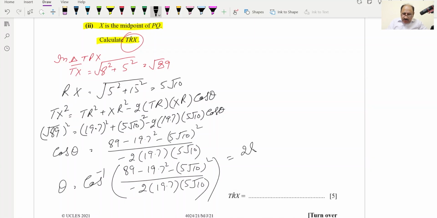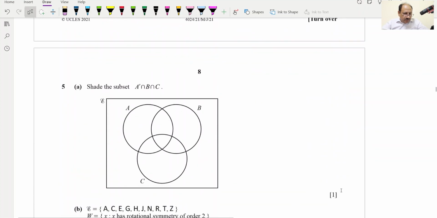We can write the answer as 28.2, rounded to 3 significant figures. This was a 5-mark question. Hopefully you understood this.